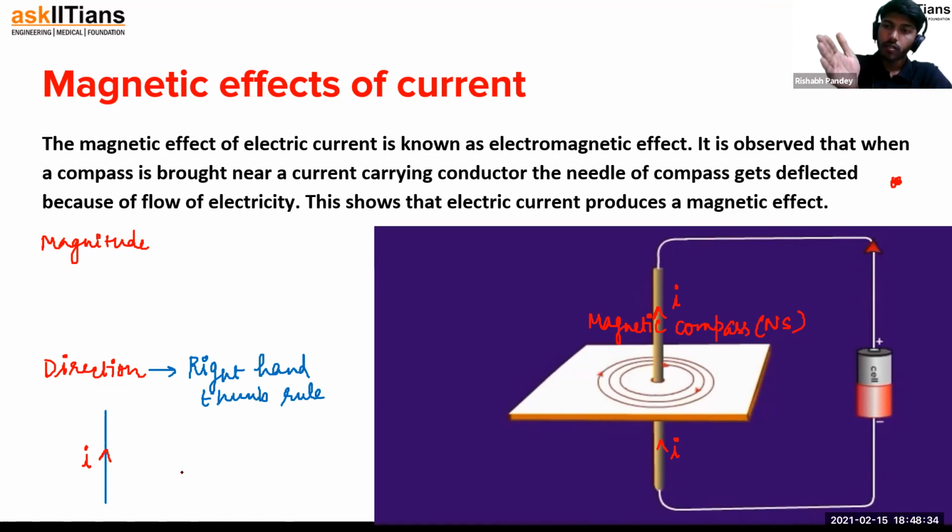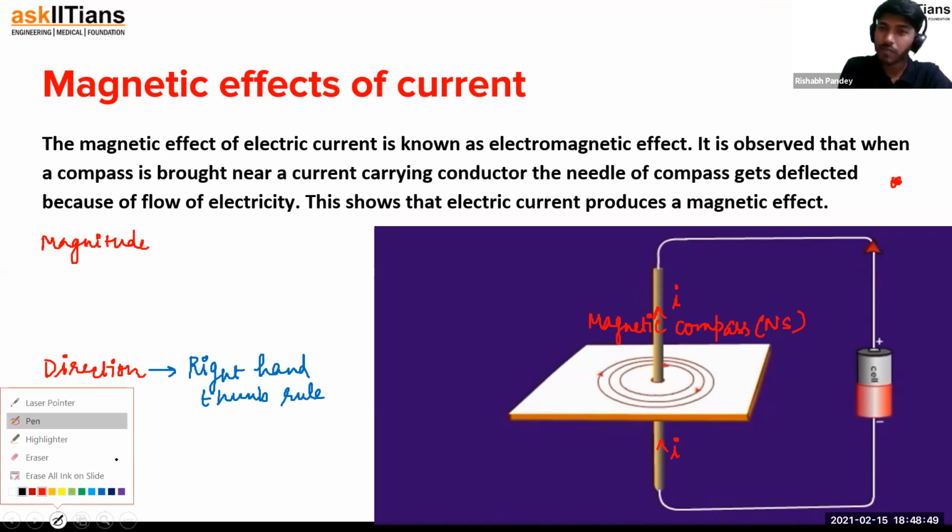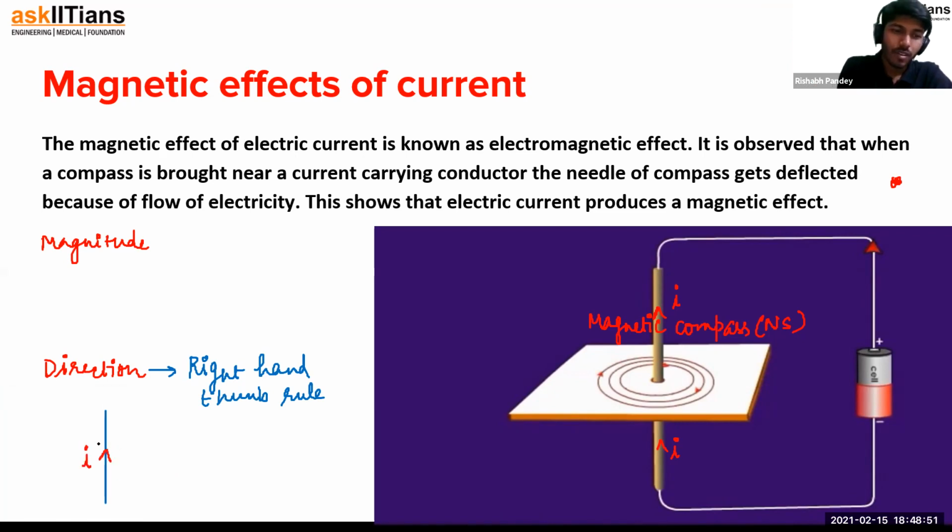The way the fingers curl gives the direction of the magnetic field for this wire. If I draw the magnetic field about it, it will go like this, as you can see in this diagram.